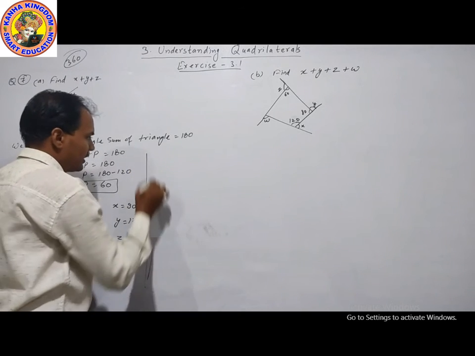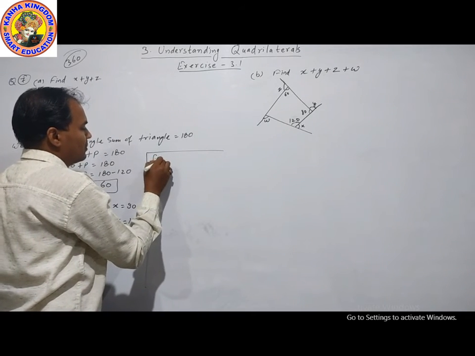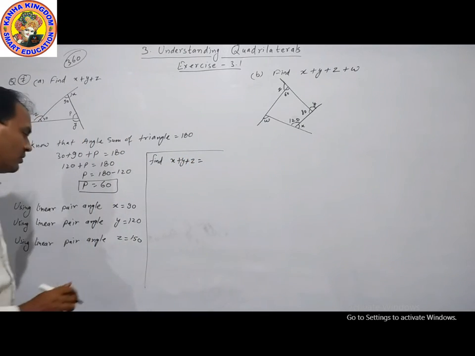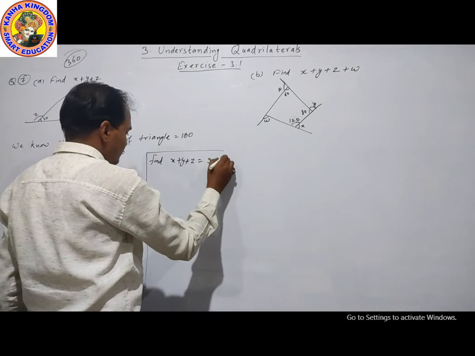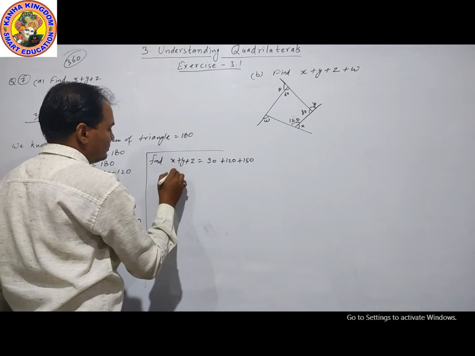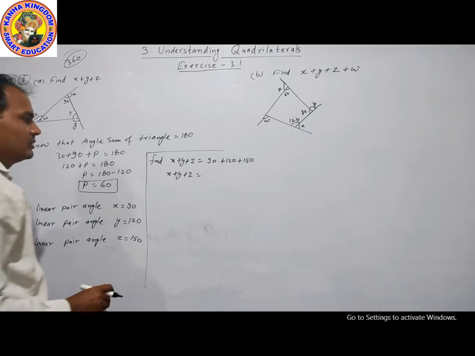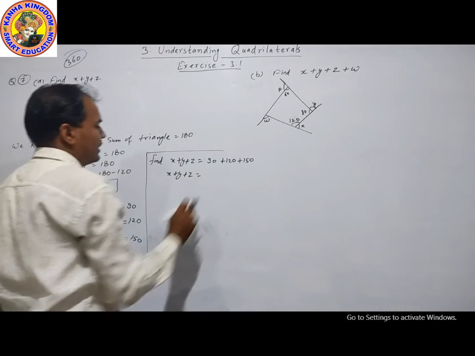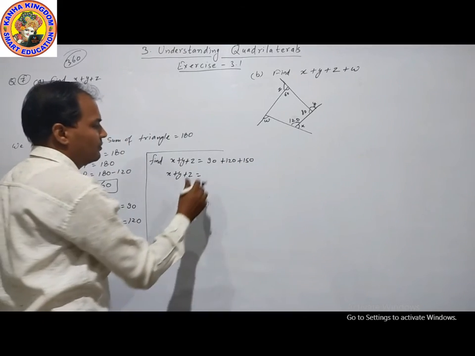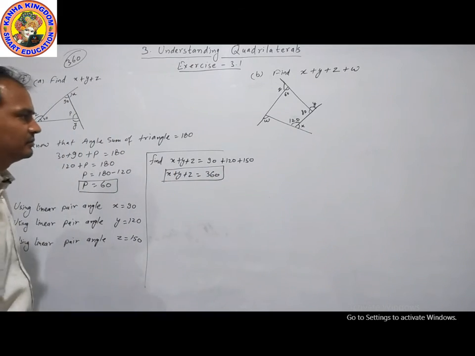Now in our question, find x plus y plus z. The value of x is 90 plus 120 plus 150. x plus y plus z is equal to 90 plus 120 is 210, plus 150 is 360. The answer is 360.